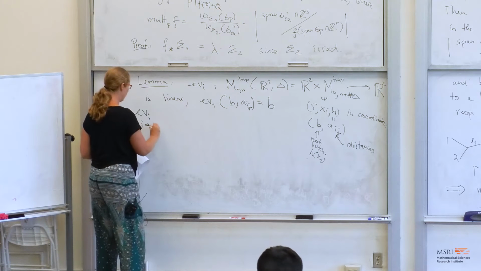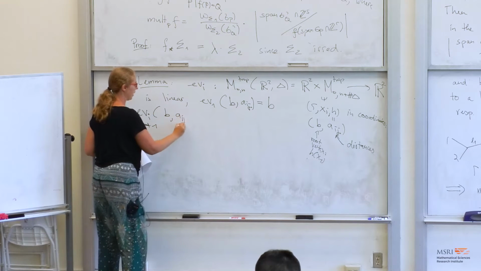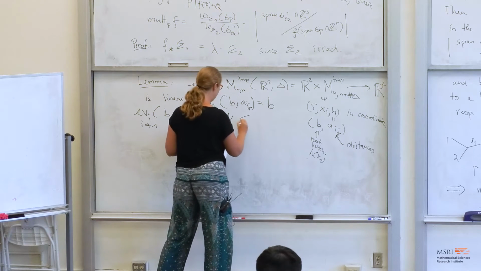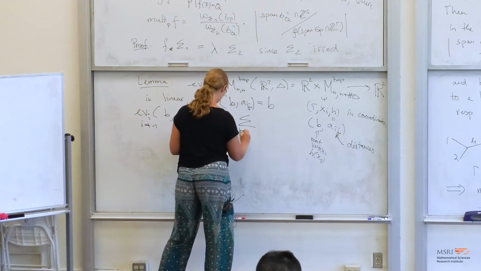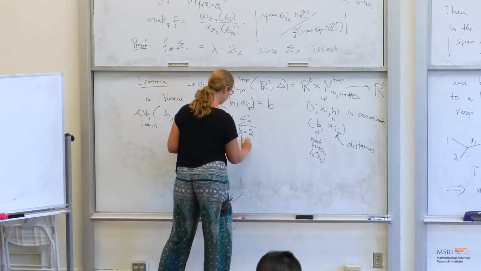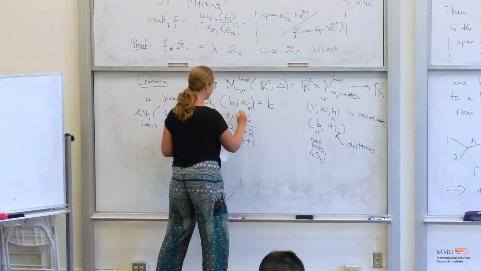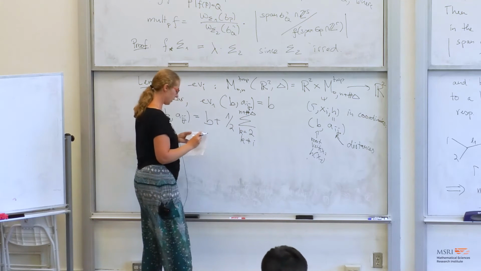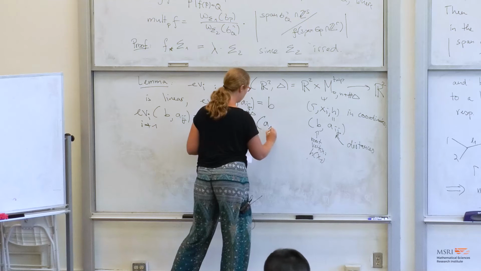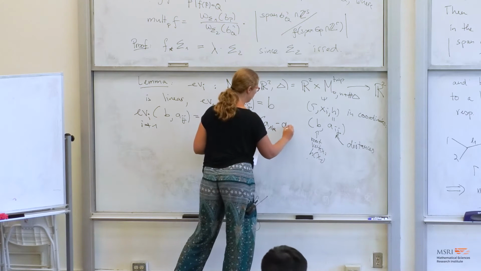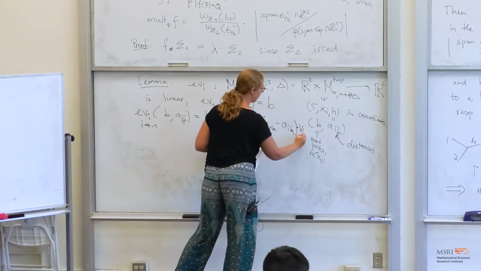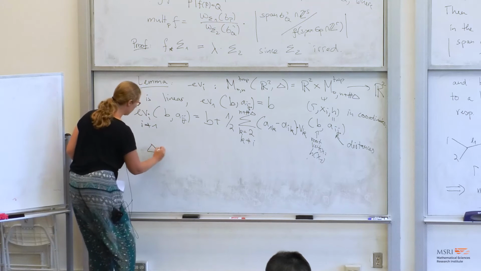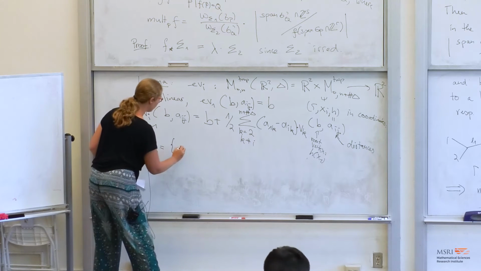For i not equal to 1, EVi of b, a_ij is going to be b plus 1/2 times the sum over all ends which are not the ith end and not the first, k from 2 to the number of ends, which is little n plus the number of elements in delta, of the distance of 1 to k minus the distance of i to k, times vk, where vk is in delta.